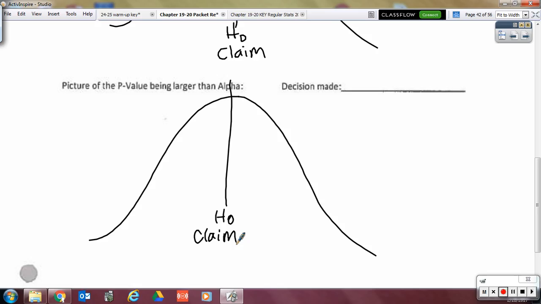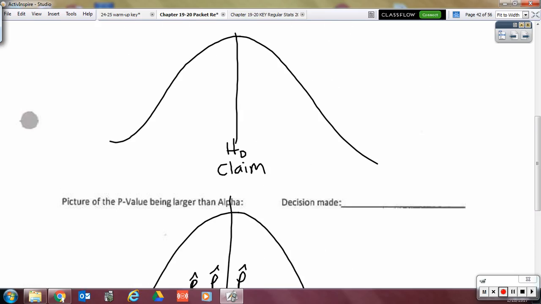If the claim is true, where do all our samples fall? Around it. They don't have to be all the exact same value because of sampling variability, because you might get a different sample than I do. So remember, if the null hypothesis is true, all your samples are falling around it within reason. Some less, some more, and so on.